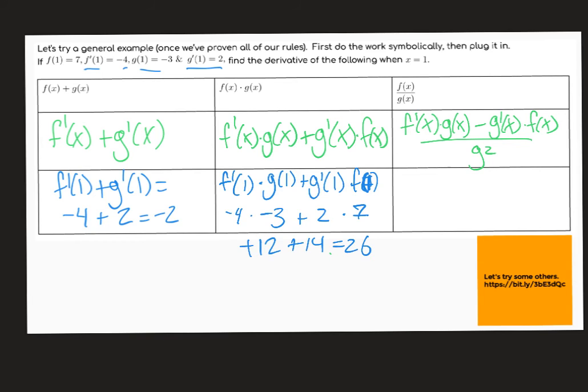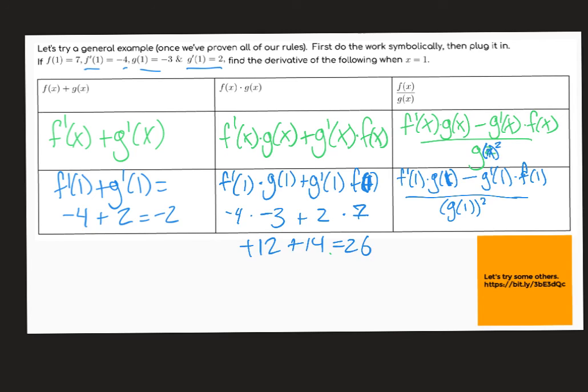All right, and then finally we got the same thing going on here. So we got f prime of 1. I'm just going to write this one out first. G of 1 minus g prime of 1 times f of 1. This should be g of x squared, just so it's not confusing. And then we're going to find g of 1. Whatever it is, we're going to square it.